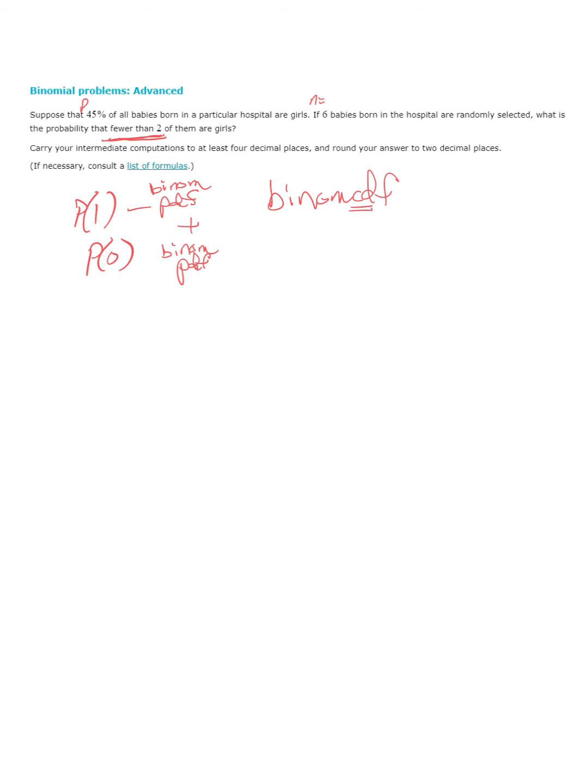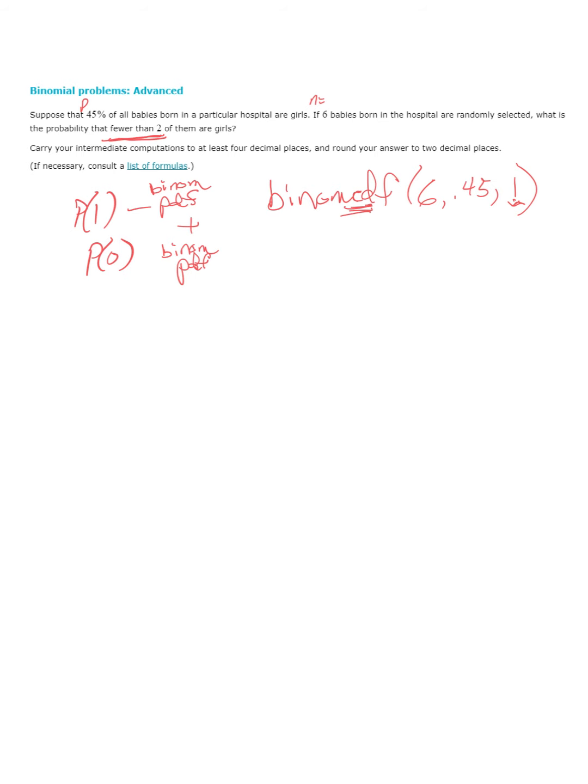CDF is cumulative, and it counts down. CD counts down. So if I type in binom CDF with 6 trials, probability of success 0.45, and I want fewer than 2, so that means I want 1 and 0, 1 on down. So I wouldn't type in 2 here. I would type in 1 because I'm looking at 1 and then the ones below it.